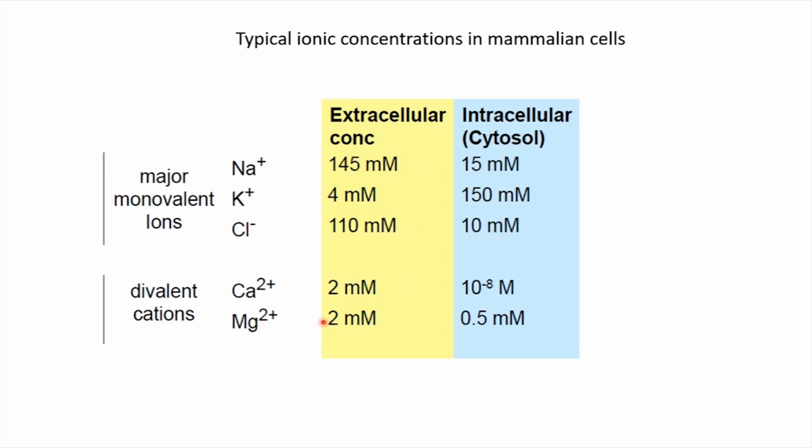The divalent ions are present in much smaller concentrations, and they are present at slightly higher concentration outside compared to inside. But the overall concentrations are much lower compared to these monovalent ions, as you can see. In fact, you can appreciate the common salt that we eat, sodium chloride, both the components, sodium and chloride, are important components.